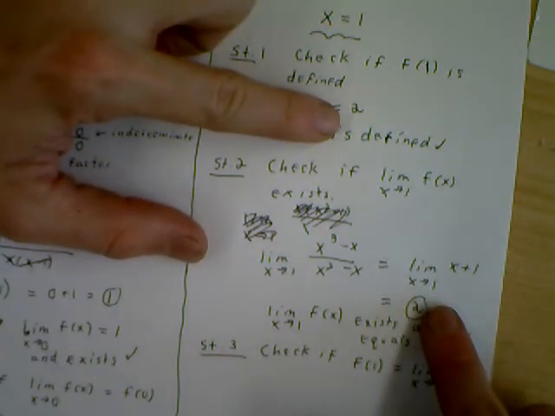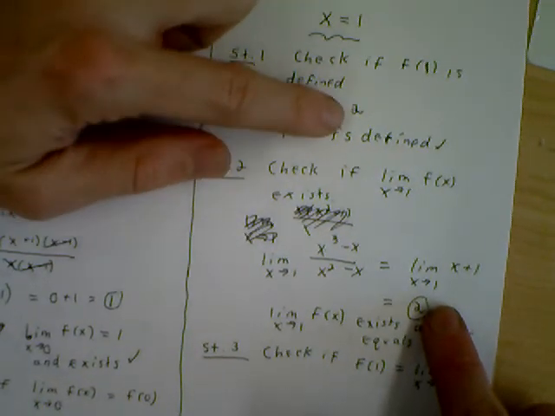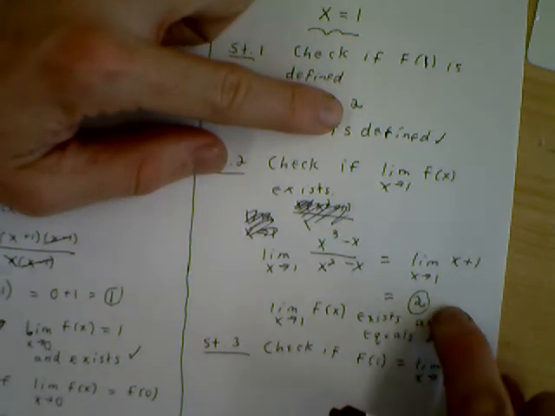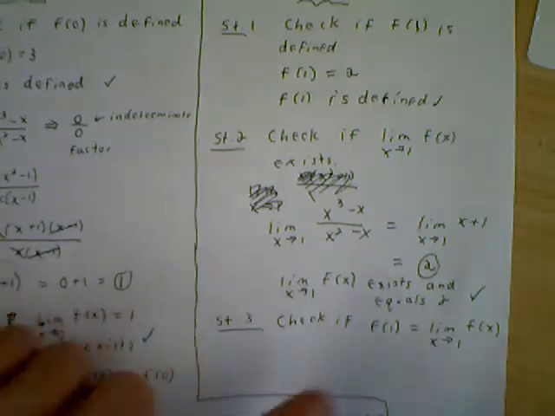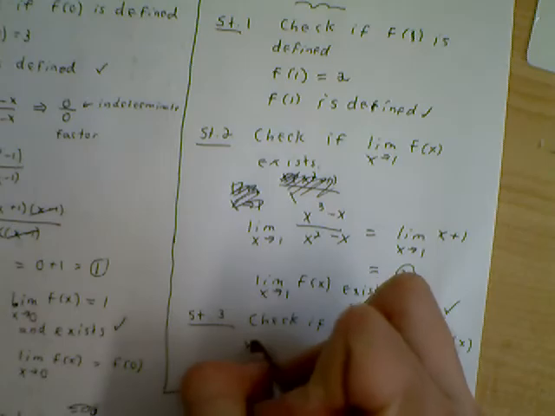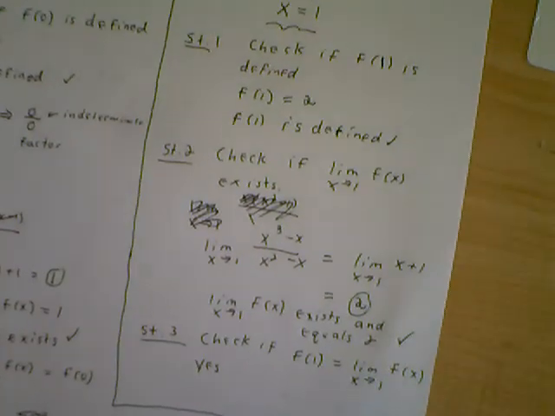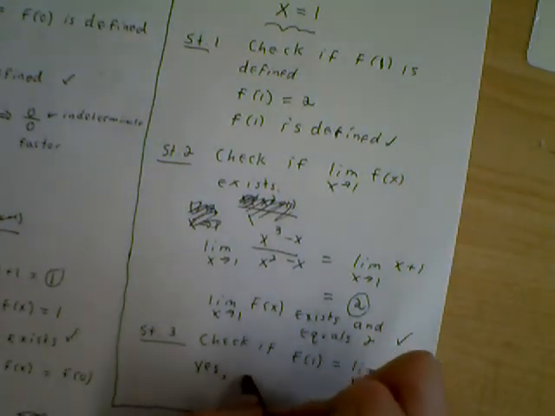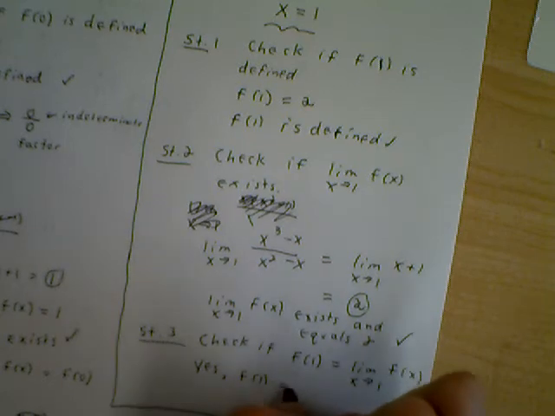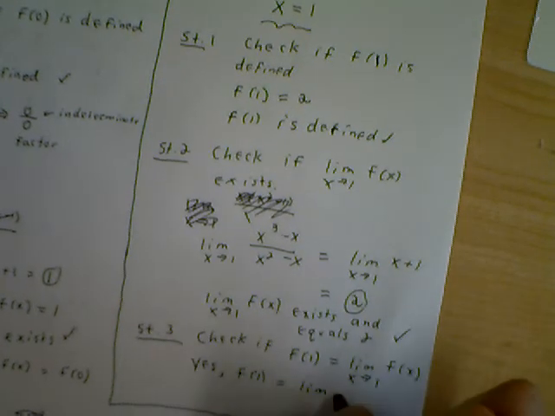These both equal each other, so our function value is equal to our limit. So we just met the third criteria. Yes. f of 1 equals the limit as x approaches 1 of f of x.